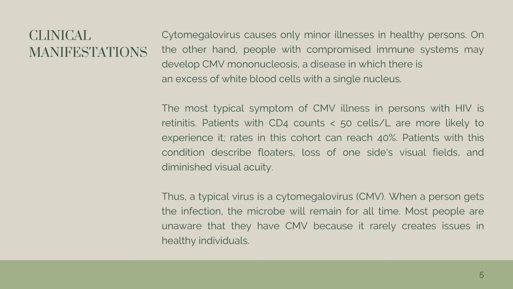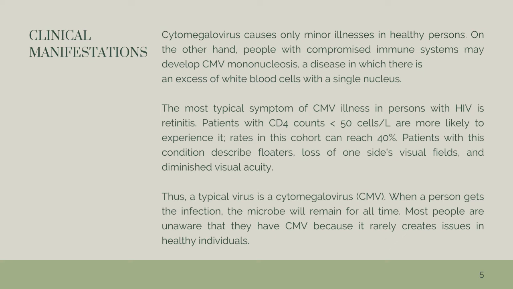Clinical manifestations. Cytomegalovirus causes only minor illnesses in healthy persons. On the other hand, people with compromised immune systems may develop CMV mononucleosis, a disease in which there is an excess of white blood cells with a single nucleus.